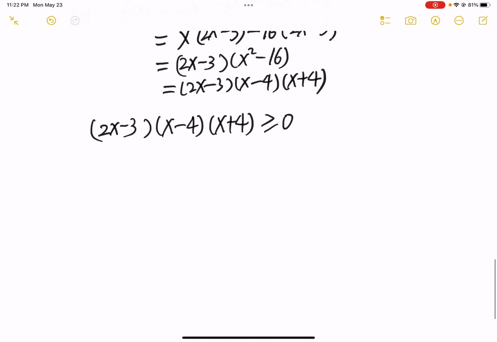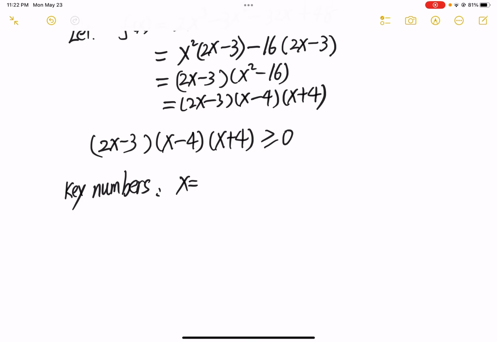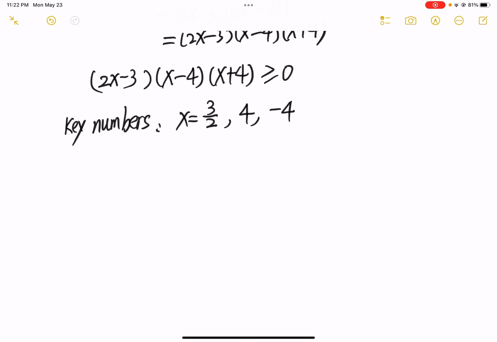So we have the real zeros, or key numbers, for the left side: x equals 3 over 2, x equals 4, x equals negative 4. These are the key numbers, so we locate them on our number line.